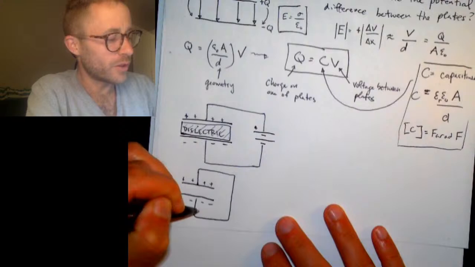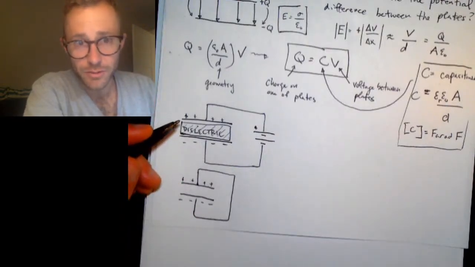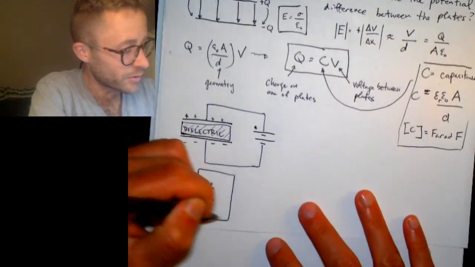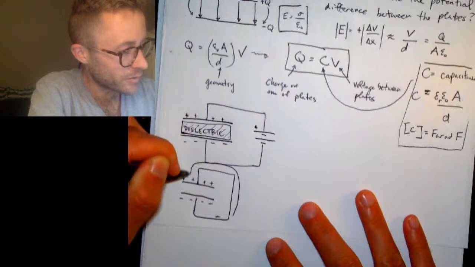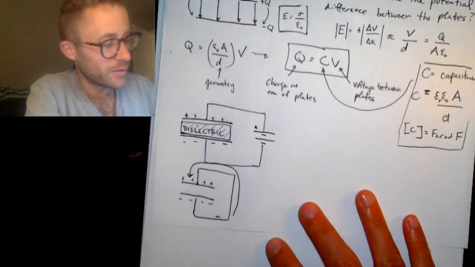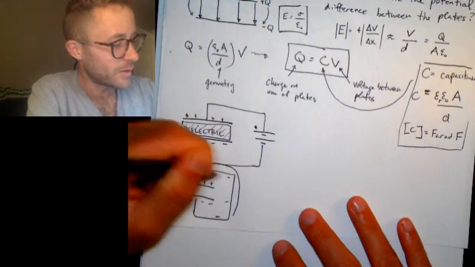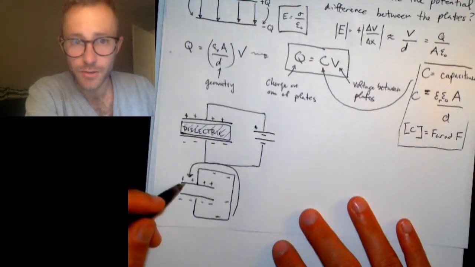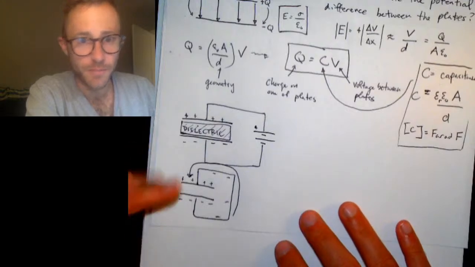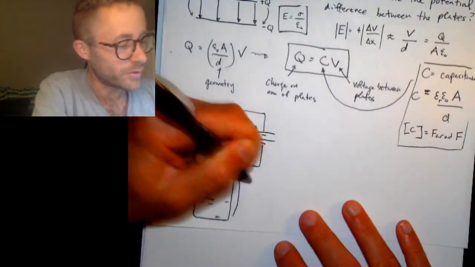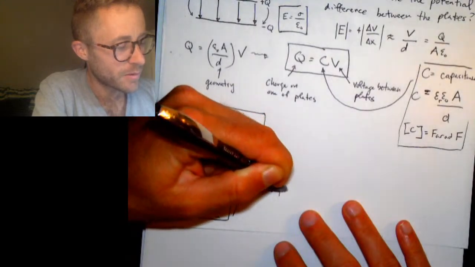Remember in circuits, it's the electrons that actually do the moving around. So the electrons will go around like this and cancel out the positive charge on the top plate, and you will have what's called discharging the capacitor.